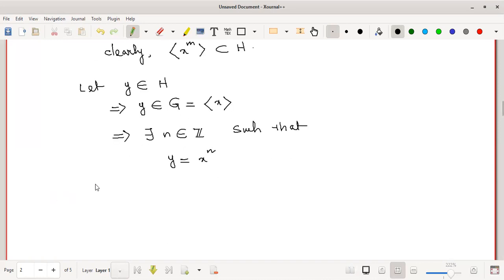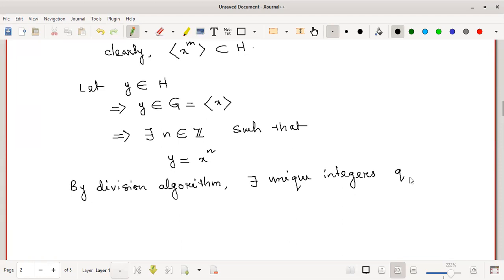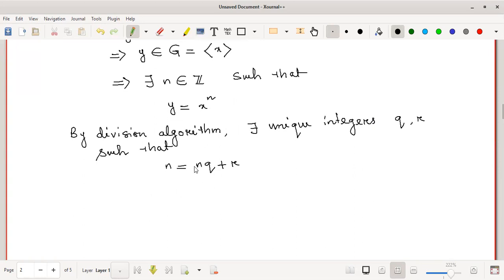What does the division algorithm say? By the division algorithm, there exist unique integers q and r such that n equals mq plus r, where 0 is less than or equal to r, and r should be strictly less than m.